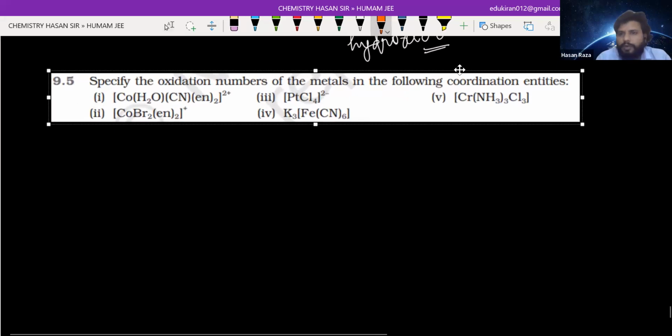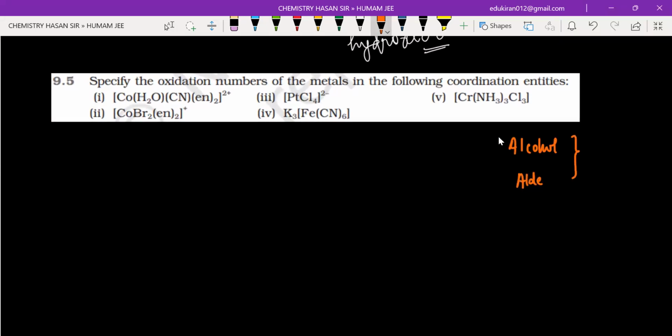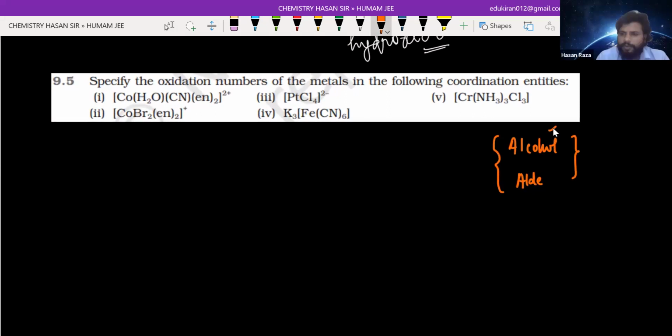One most important thing that I needed to discuss: in your exam at Learnivio, you have alcohol and aldehydes in the syllabus, right? Yes. So I was thinking, since your exam is there, I should start alcohol and stop this chapter at this point, from the next class.